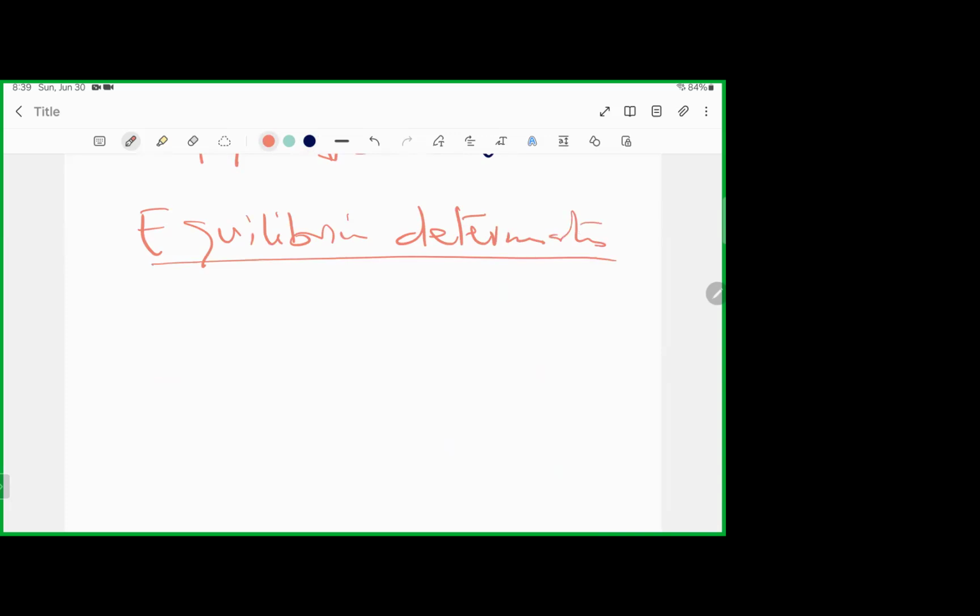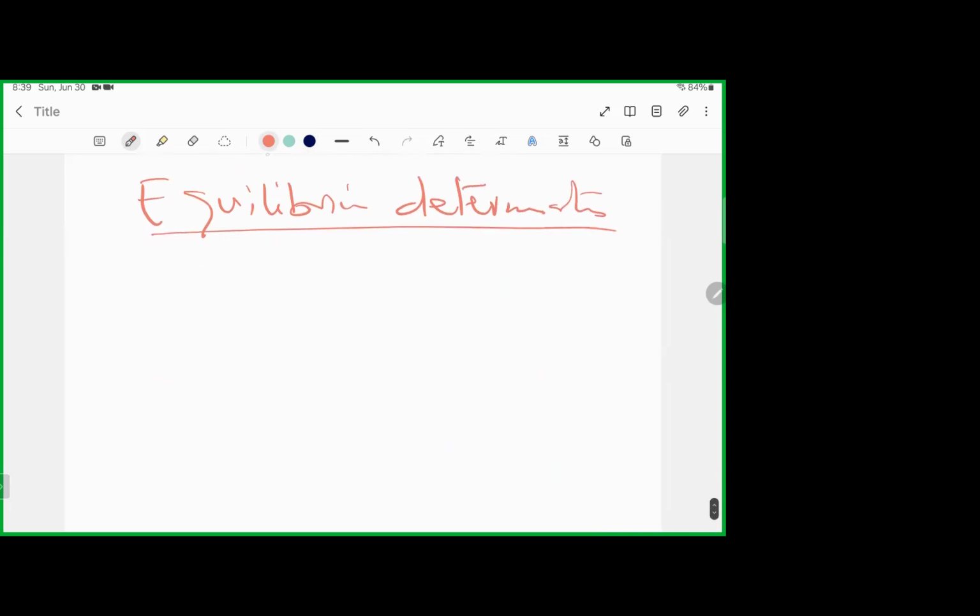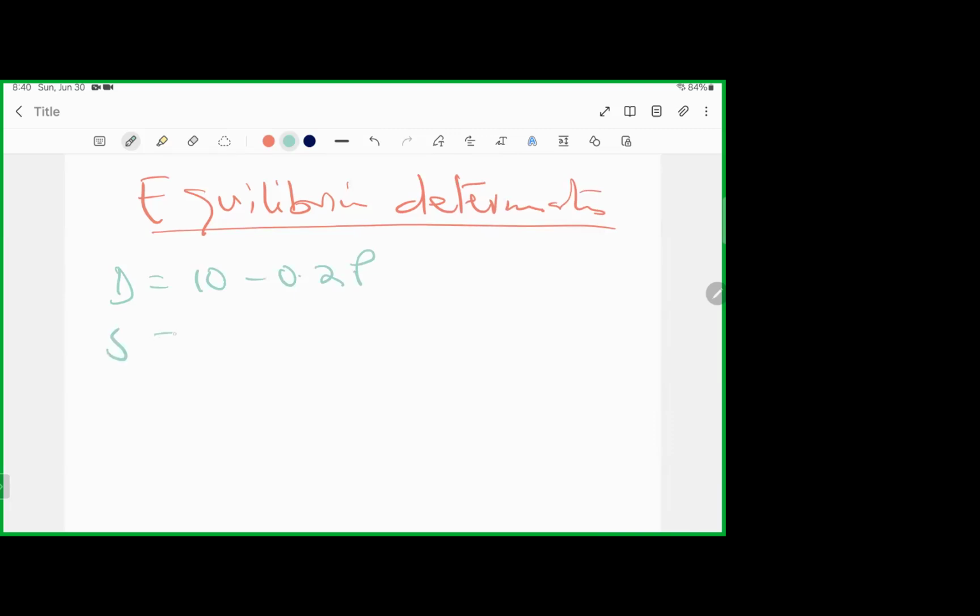Equilibrium determination. So let's say I give you demand, which is equal to 10 minus 0.2P, as the demand equation. And you also have supply as 5 plus 0.1P. And I ask you to determine the equilibrium price and equilibrium quantity.